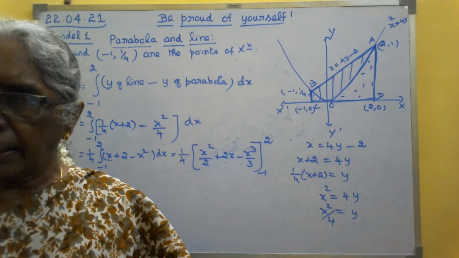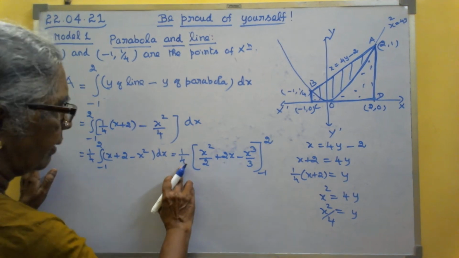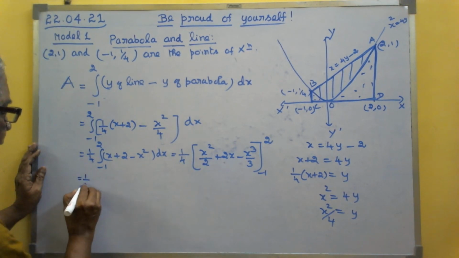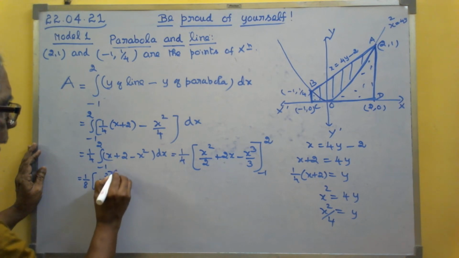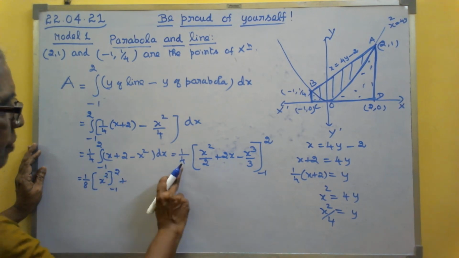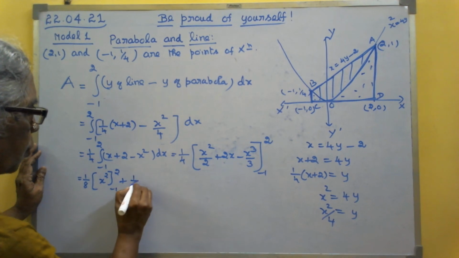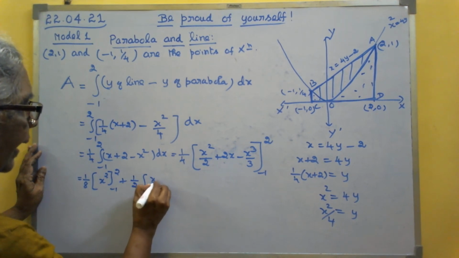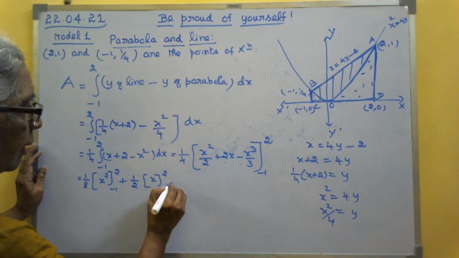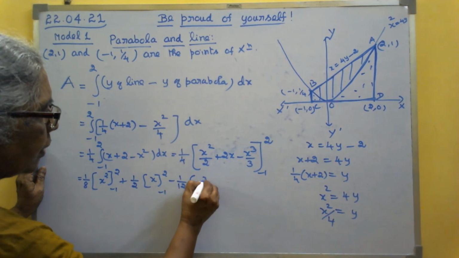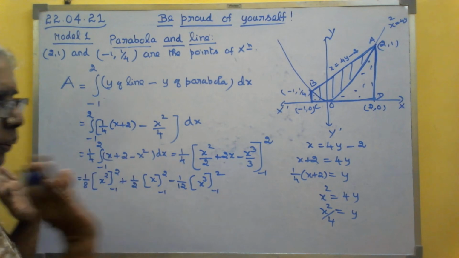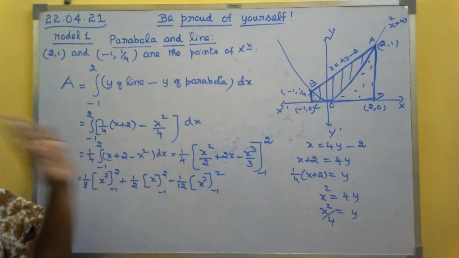I prefer the second way. So now I will write 1 by 4 into 1 by 2. I will get a 1 by 2 out. I will get x squared within the limit minus 1 to 2, plus 1 by 4 into 2. So I will get 1 by 2 x within the limit. Here I will get minus 1 by 12, then x cube within the limit minus 1 to 2. That's all. I have got three simple terms.